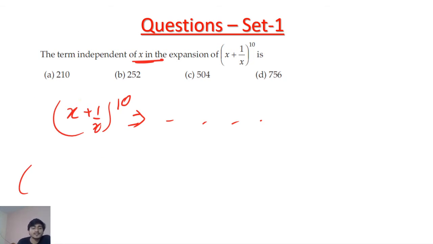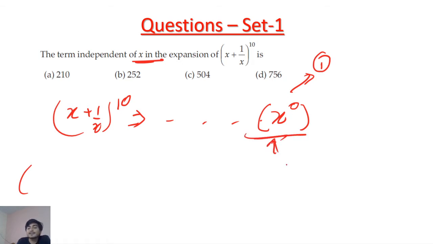Okay, so see, if you have this term, there will be a term where x to power 0 will be there. So if x to power 0 is there, then this x to power 0 becomes 1. So that term will be called independent of x. Understood? Is it clear? Okay, so now if you expand this, what will be the expansion?